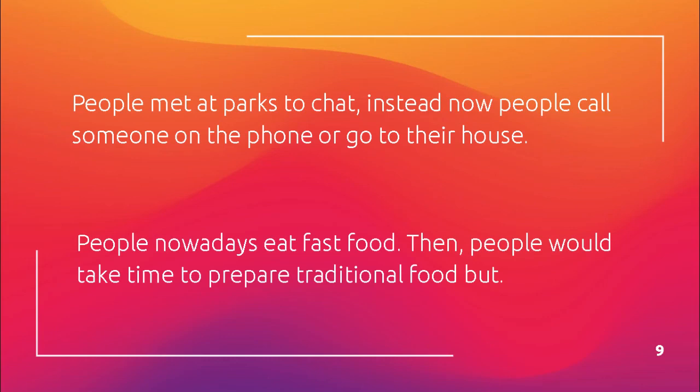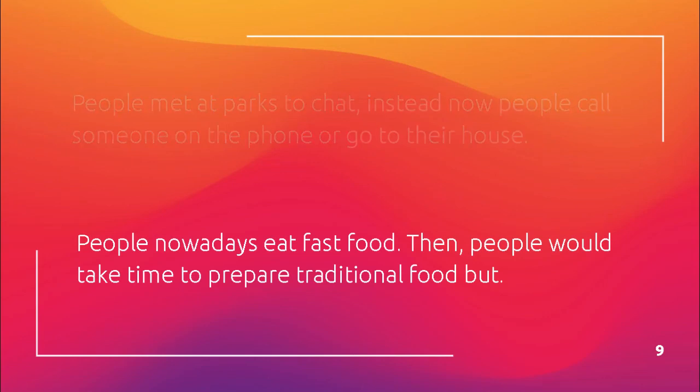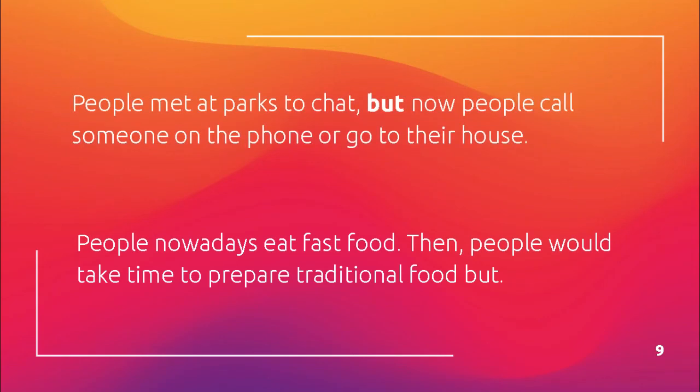Very easy, right? So let's see. We have people met at parks to chat, but now people call someone on the phone or go to their house, right? And people nowadays eat fast food. Then people would take time to prepare traditional food instead. So that's the correct order.